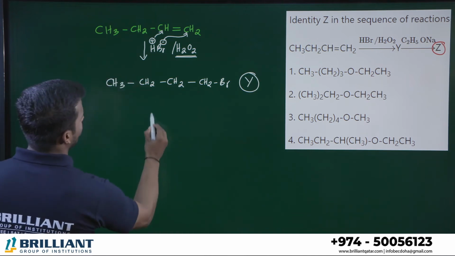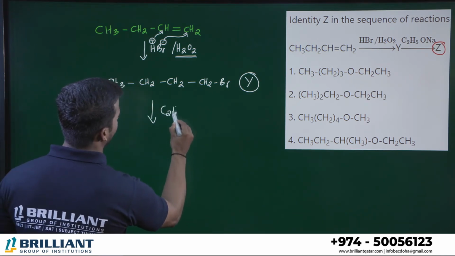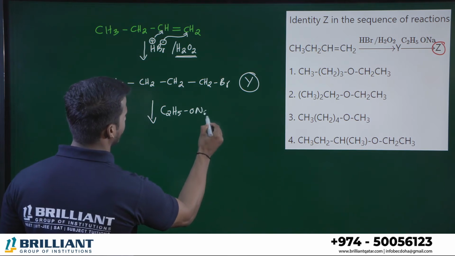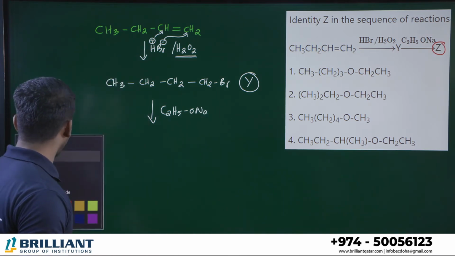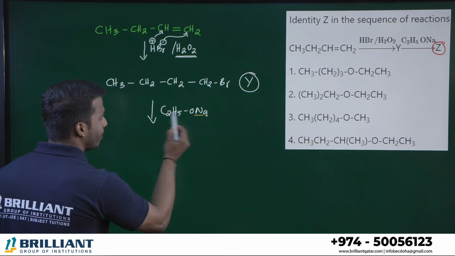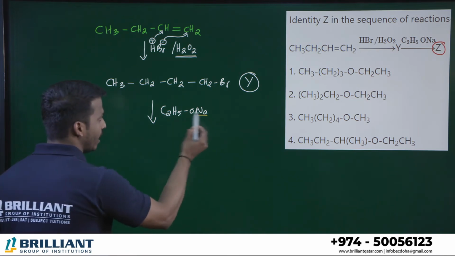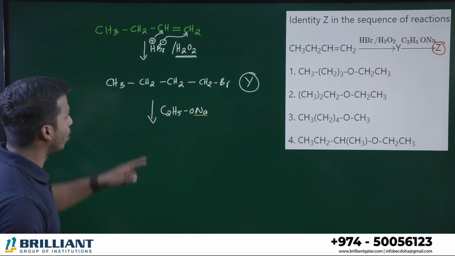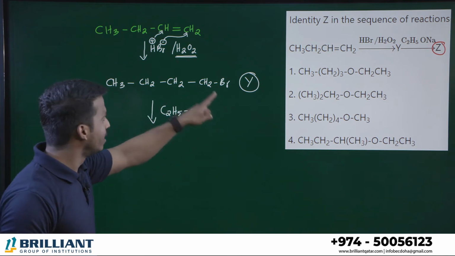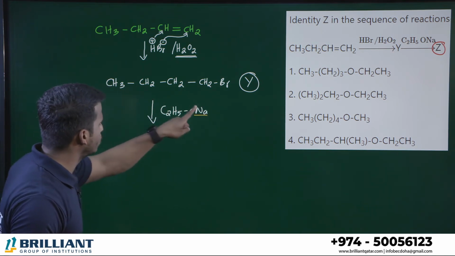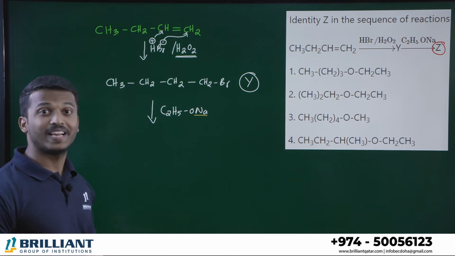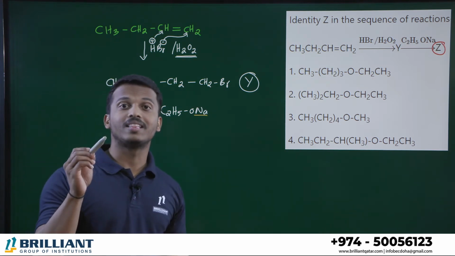Now, they are treated with C2H5ONa. What is this compound? Sodium ethoxide. You know, this is a haloalkane, and this is a sodium alkoxide. What is the reaction? Williamson synthesis.